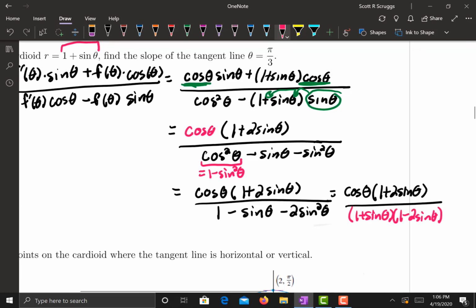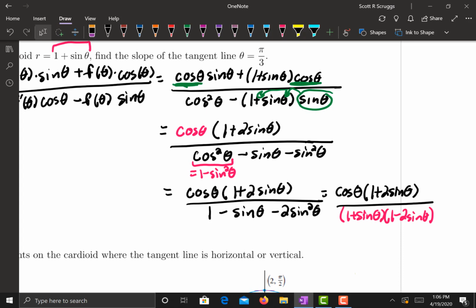And the reason why I got that factorization is because if you pretend that sine of theta is a variable, you have the quadratic 1 minus u minus 2u squared. And that's pretty quick to factor into 1 plus u times 1 minus 2u.